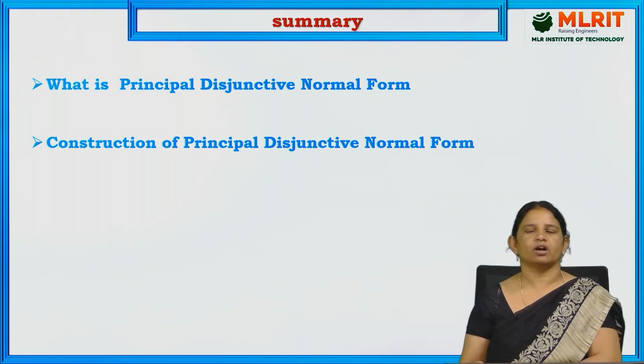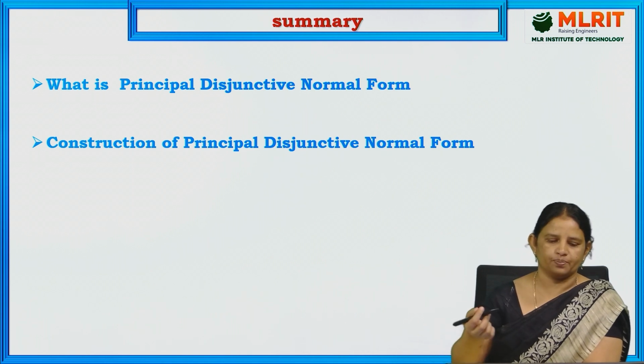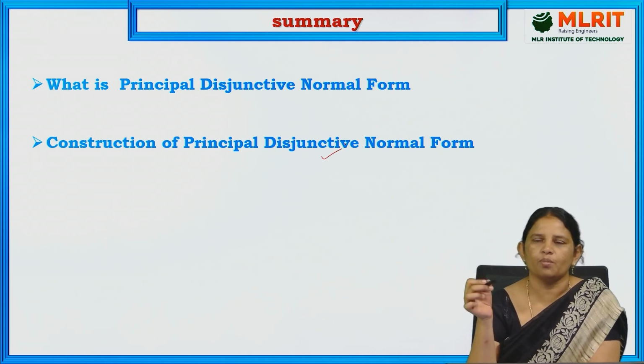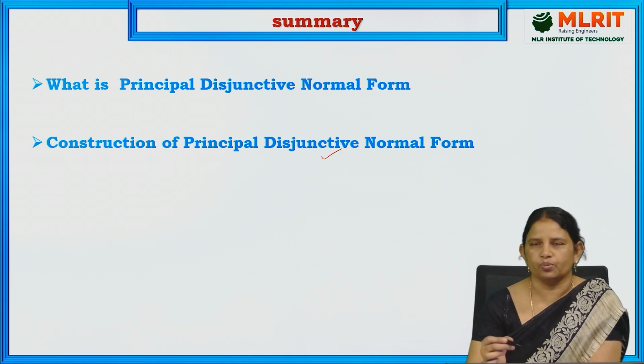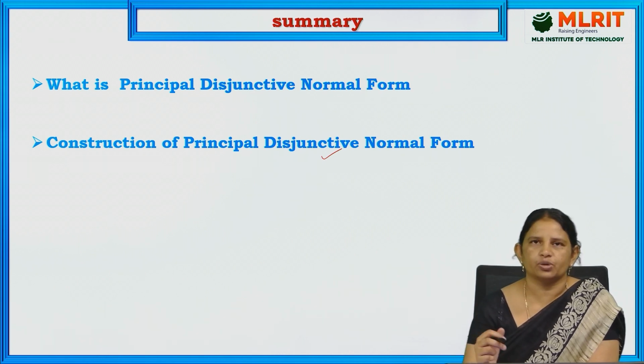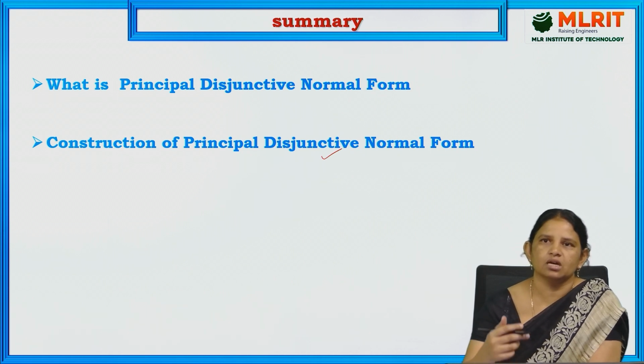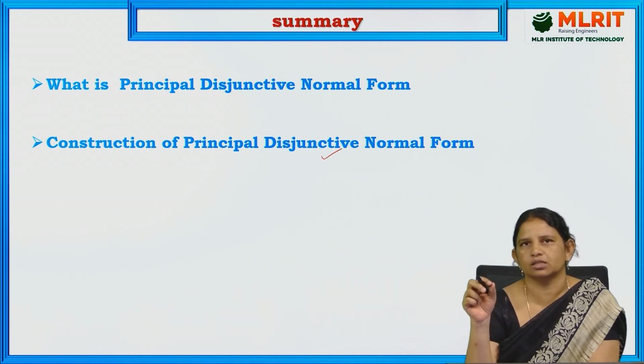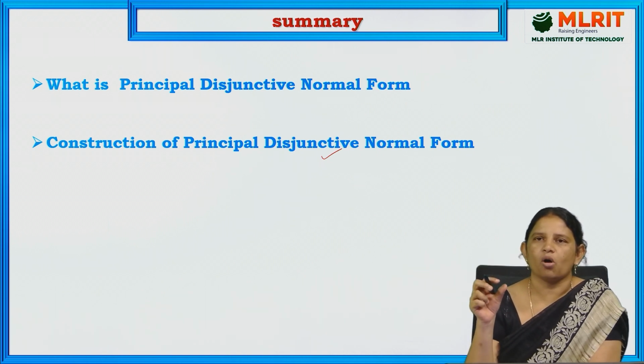Next, what we have discussed up to now: what is meant by principal disjunctive normal form, and how to construct it. There are two methods: one is the truth table method, another is the replacement process. In the truth table method, we construct the truth table according to the connectives, then collect all the truth values.